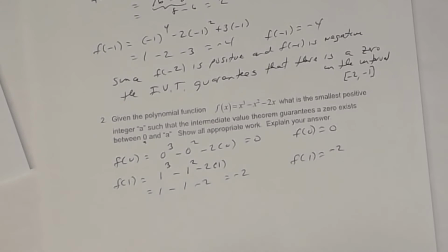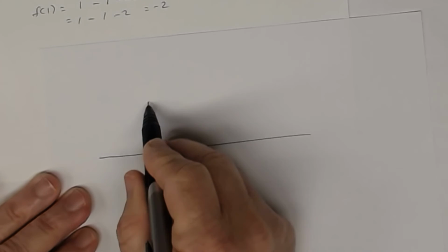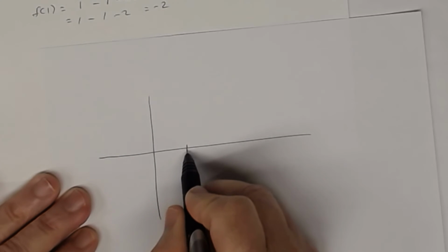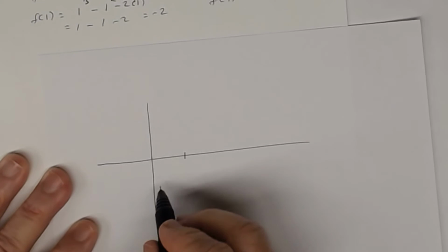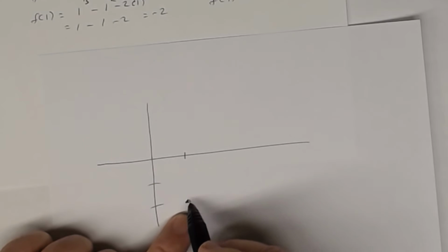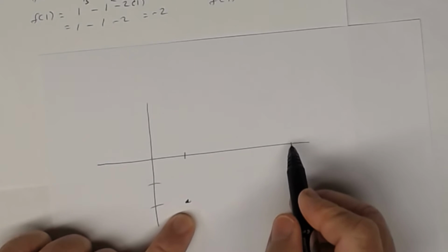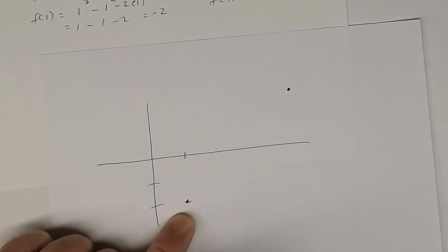So when x is 1, I found my y value to be negative 2, right? So this is what I found. Okay, so what I need to know now is what is the next positive number in which my y value is positive?